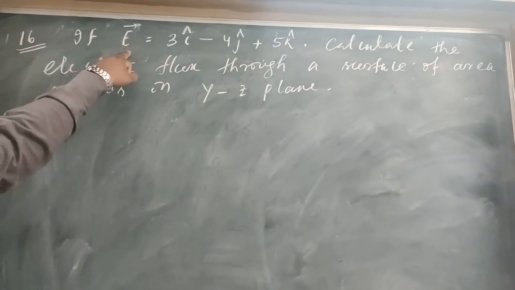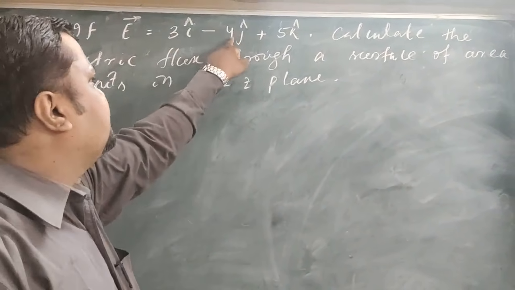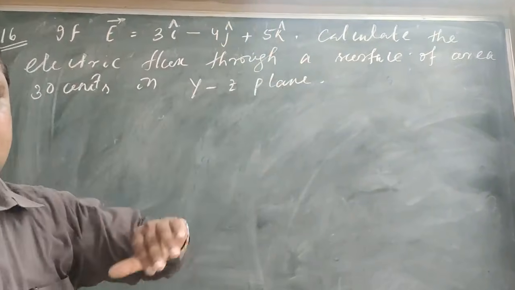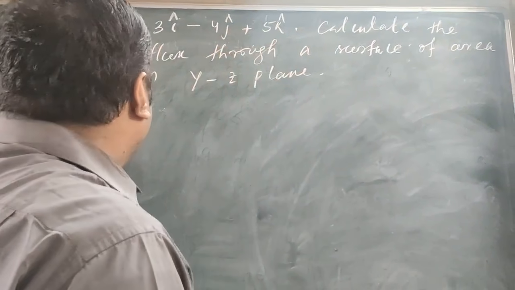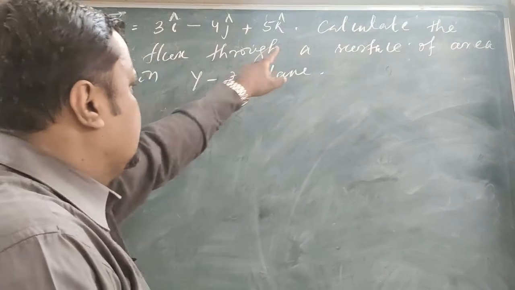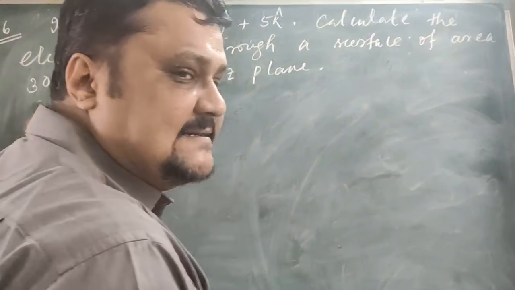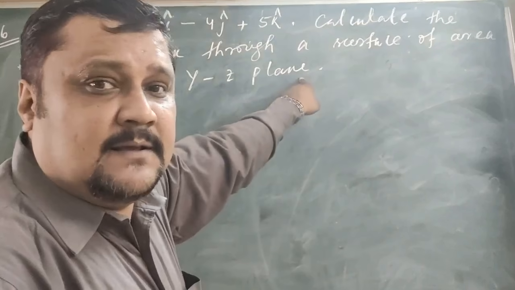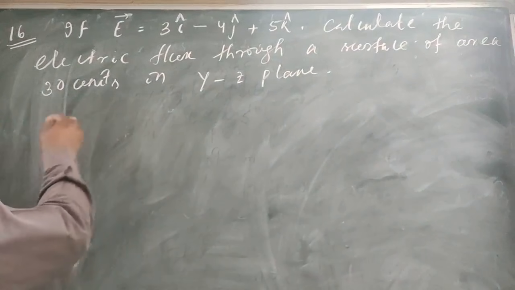If an electric field E is equal to 3 i cap minus 4 j cap plus 5 k cap, that is, an electric field given in vector form, calculate the electric flux through a surface of area 30 units. This is the magnitude of the area, in the YZ plane.